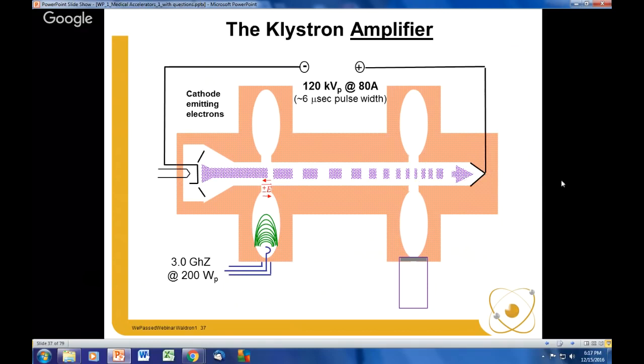And at this same distance again, it'll be a uniform beam, but of course we're not going to let it go that far. Here at this critical distance, this critical drift length really, we're going to place another resonant cavity. And it's going to be a cavity that resonates at close to 3.0 gigahertz.